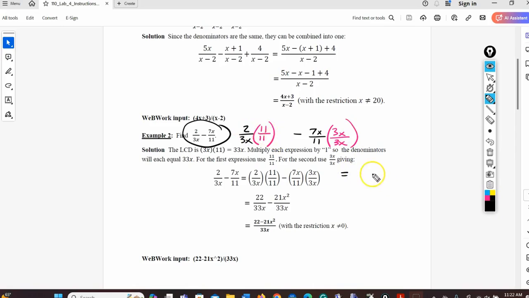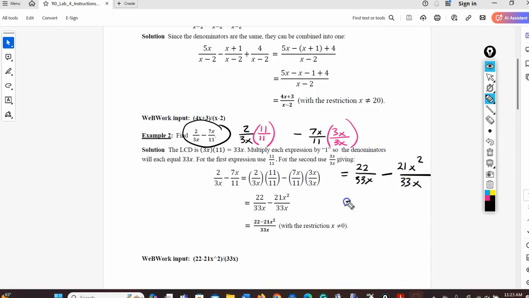So this is going to become 2 times 11 divided by 3x times 11, which will be 33x, minus 7x times 3x is 21x squared, and 11 times 3x is 33x.